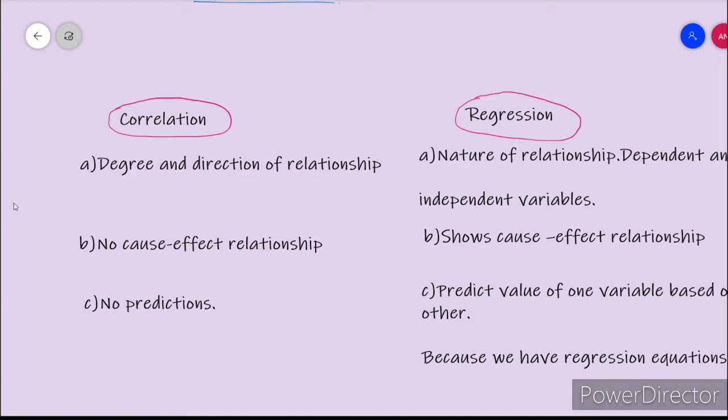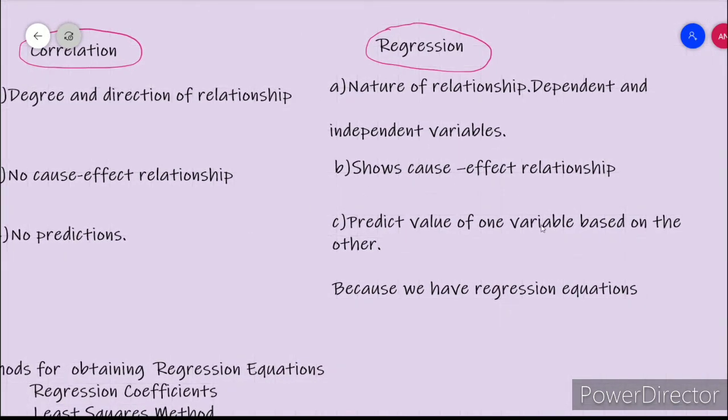But in correlation, we have no such study of the cause-effect relationship, because correlation does not imply causation. Correlation simply gives us the correlation coefficient. In regression, the end result is an equation, and because of that equation, we are able to predict the values of one variable based on the other.